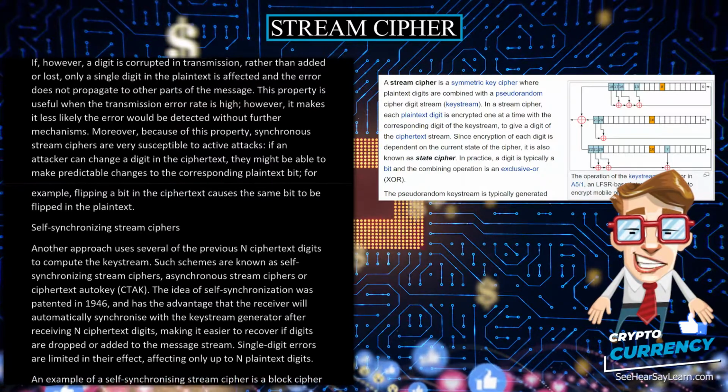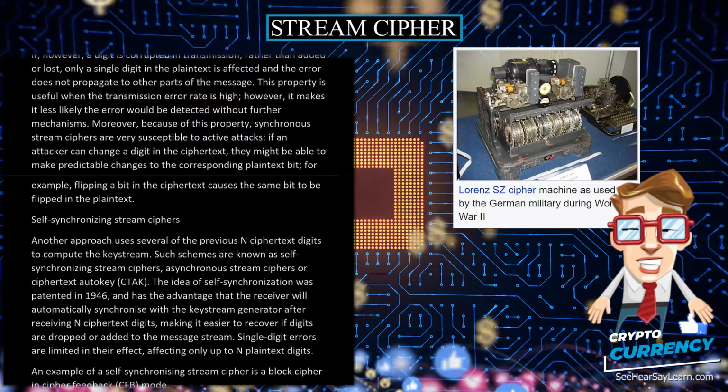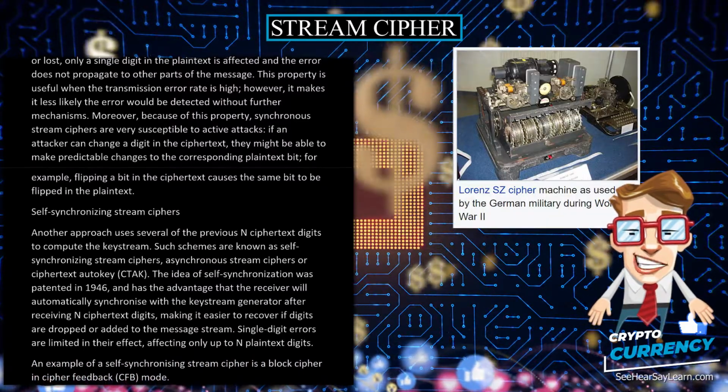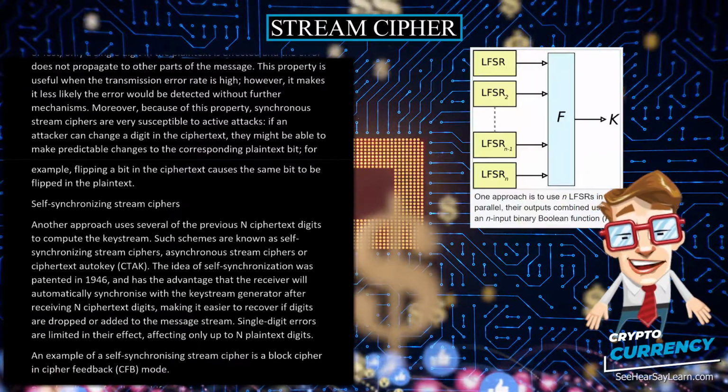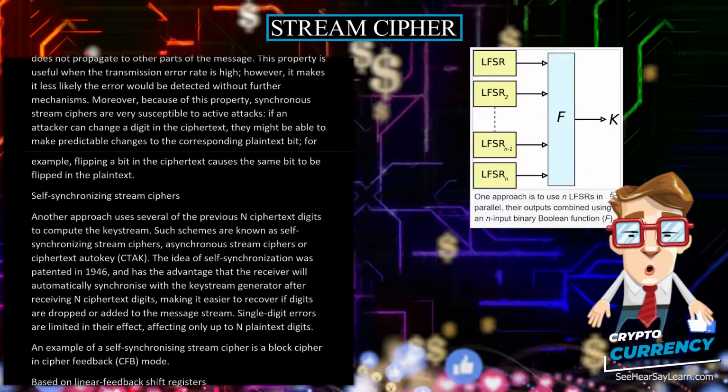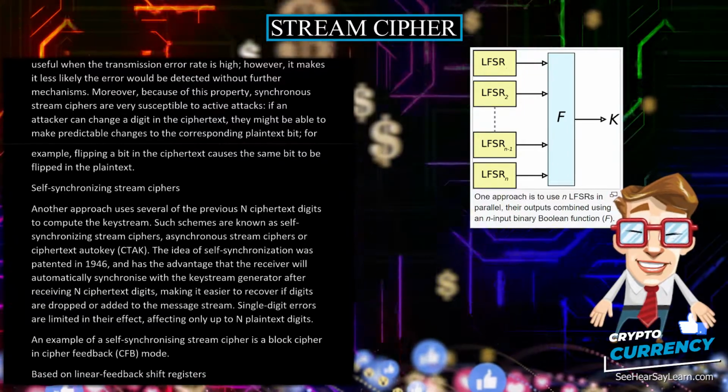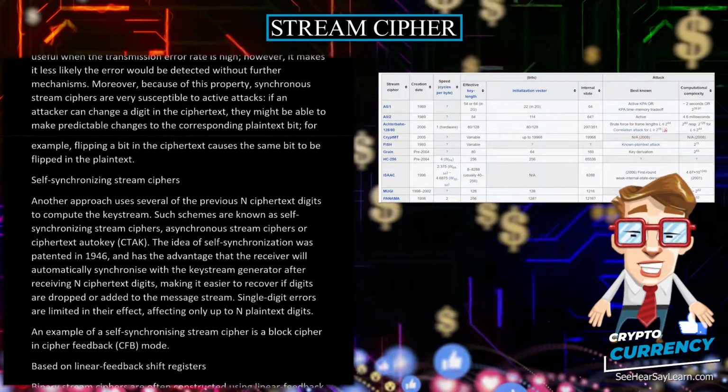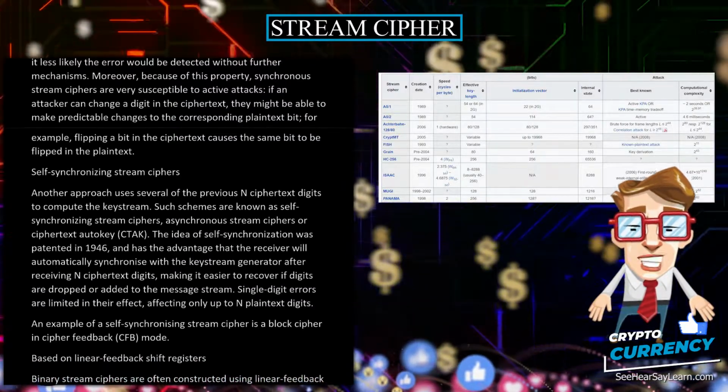Self-synchronizing stream ciphers. Another approach uses several of the previous n ciphertext digits to compute the key stream. Such schemes are known as self-synchronizing stream ciphers, asynchronous stream ciphers, or ciphertext auto-key, CTAK.